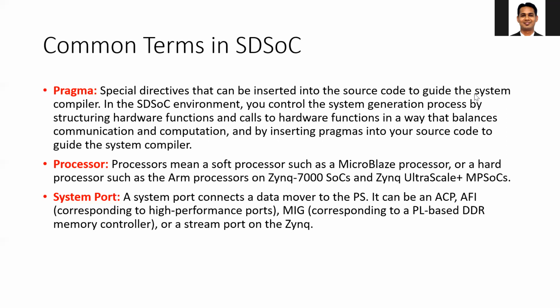As a designer, you need to select which ports you need to use. As of now, we are using the default settings for the system ports because we have not yet studied the Zynq SoC architecture. When we study it, we'll use the system ports more carefully. So these are the common terms we revisited in the SDSOC.